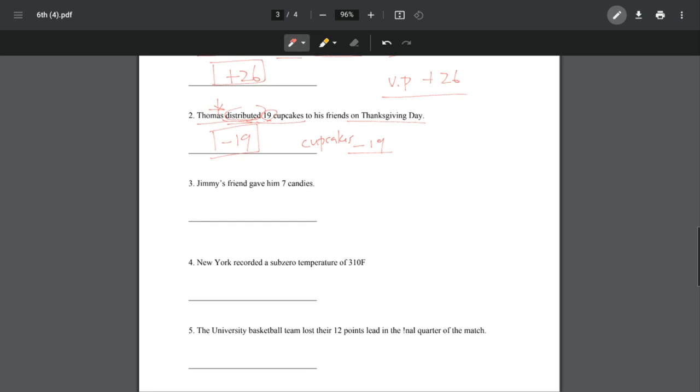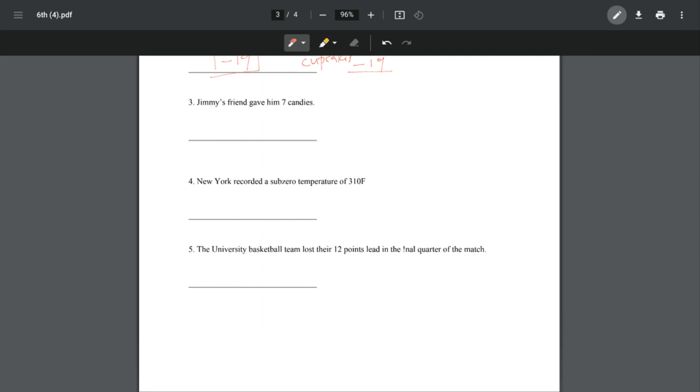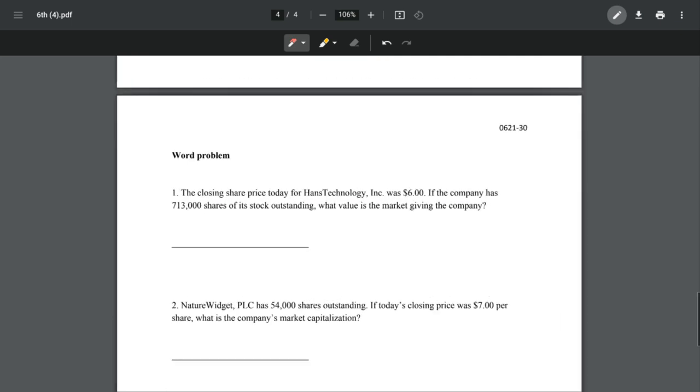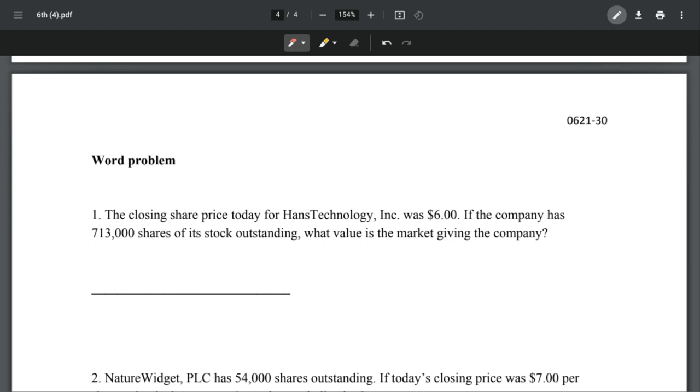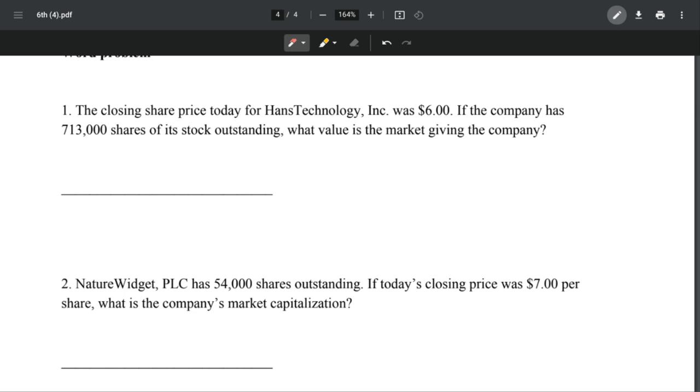So again, try number 3, 4, and 5 on your own. And let's move on to our last page. So we're looking at some word problems. And we're looking at number 1. The closing share price today for Hans Technology Incorporation was $6.